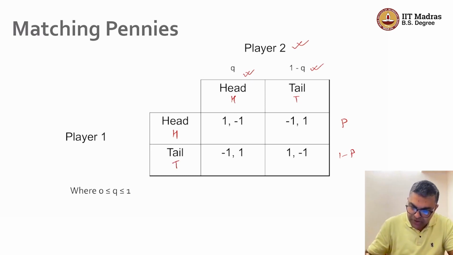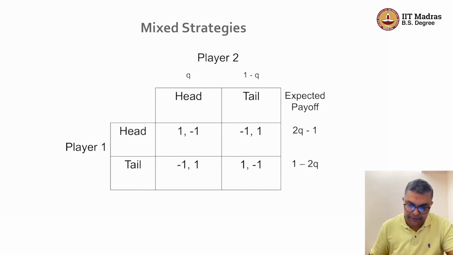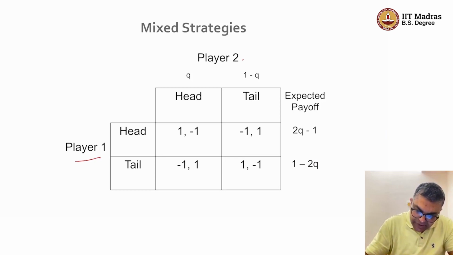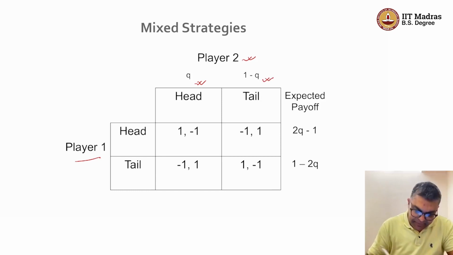Of course, what is the requirement? That q has to be between 0 and 1 and p has to be between 0 and 1. That's the requirement. So now, if player 1 thinks that player 2 is playing head with probability q and tail with probability 1 minus q, what would be his expected payoff if he plays h?